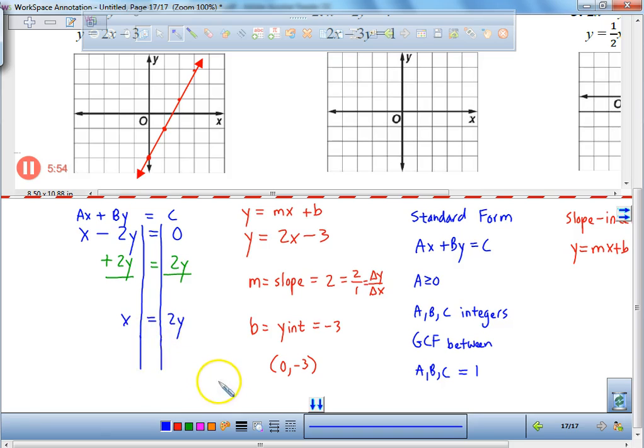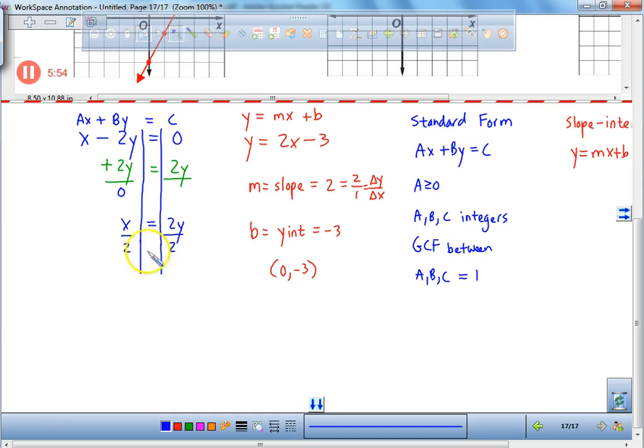Everything's nice and positive. So that zeroes out. We add these together. 0 plus 2y is just 2y. And then we just divide both sides by 2. And you get y equals x over 2. But in slope-intercept form, that's written as a half of an x when you solve for y.